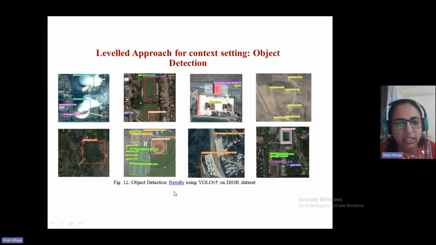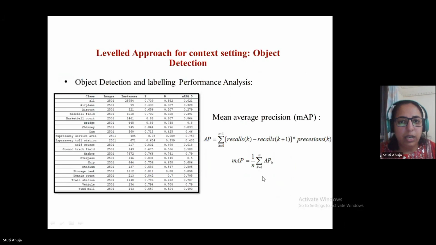These are the results generated after training this model. For performance analysis, we calculated precision, recall and mAP, that is mean average precision. The accuracy of this particular model for all the classes combined is around 62%.